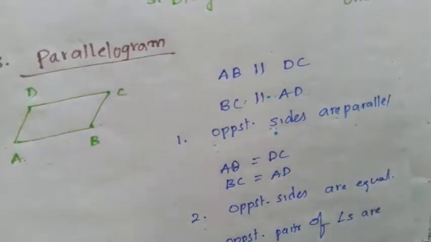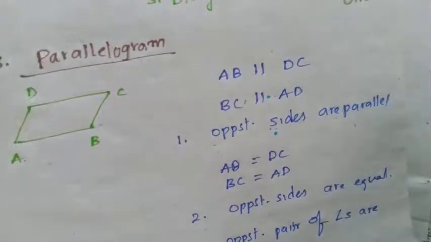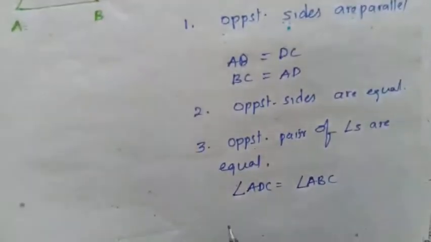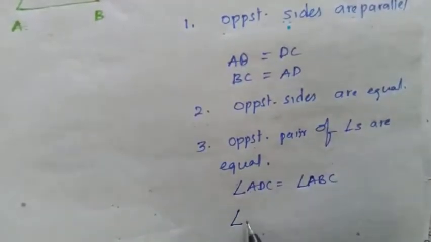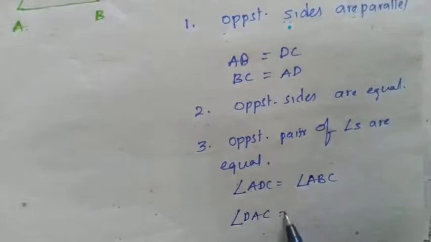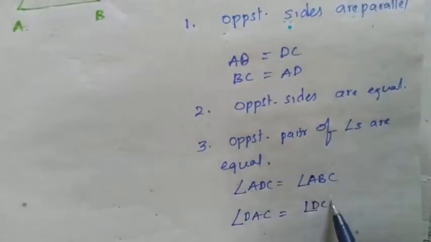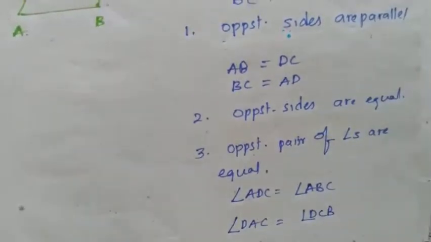That is, angle ADC is equal to angle ABC. Okay, and angle DAB is equal to angle DCB.